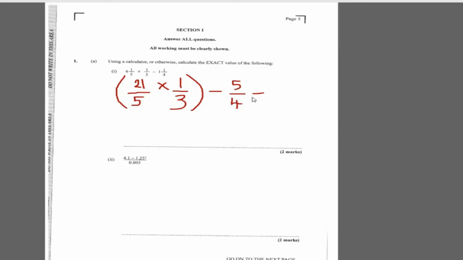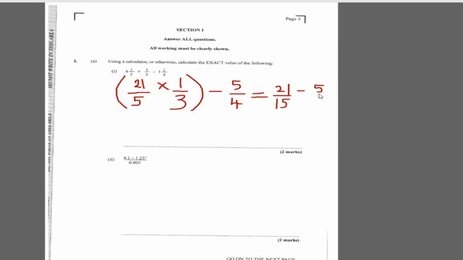When we work it out, what we're going to be getting is 21 over, because when you're multiplying 2 fractions, you multiply across their numerators and denominators. So we get 21/5 times 1/3, which is 21/15. And then we're going to be subtracting 5/4.